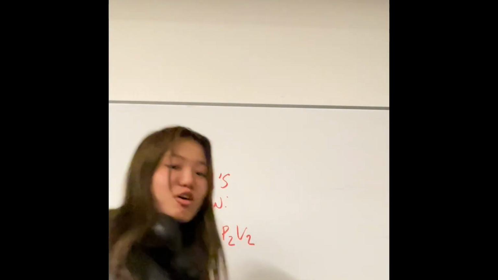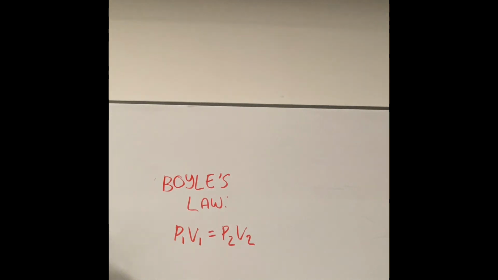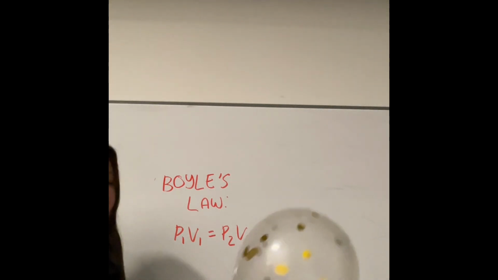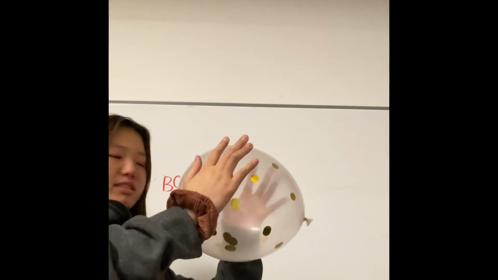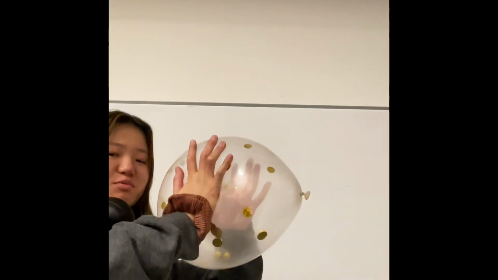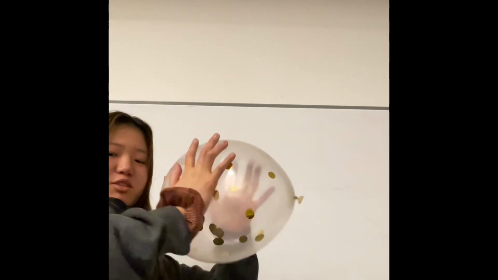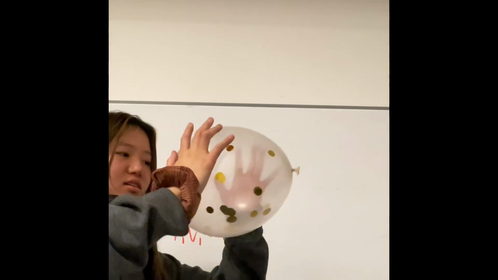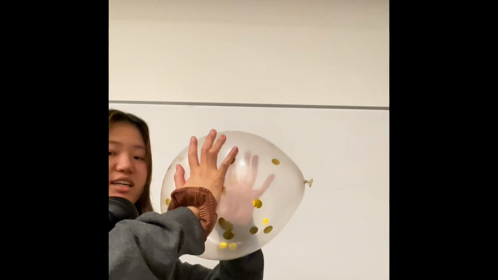The second law that we're going to learn about today is called Boyle's law. This relates to pressure and volume. As we see, when I put pressure by using my hands, the volume of this kind of shrinks.